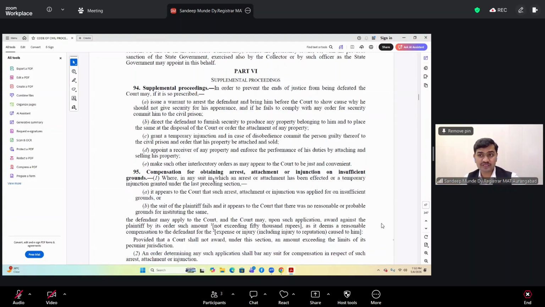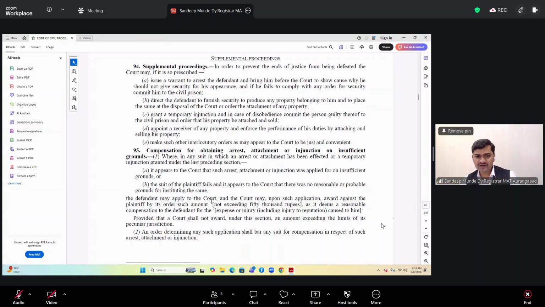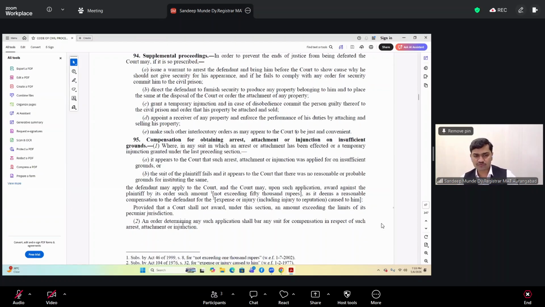If these provisions have been taken out with regard to the arrest, attachment, or the injunction, and subsequently it appears to the court that such arrest, attachment, or injunction was applied for on insufficient grounds, or the suit of the plaintiff fails and it appears to the court that there were no reasonable or probable grounds for it, the defendant may apply to the court, and the court may, upon such application, award against the plaintiff by its order such amount not exceeding 50,000 rupees as it deems a reasonable compensation to the defendant for the expense or injury including cost to him, provided that the court shall not award under this section an amount exceeding the limits of its jurisdiction.